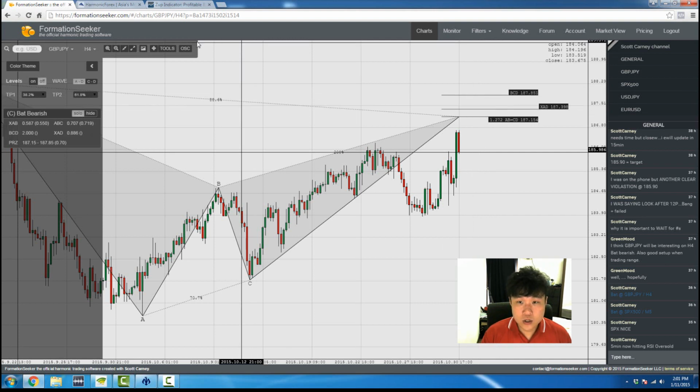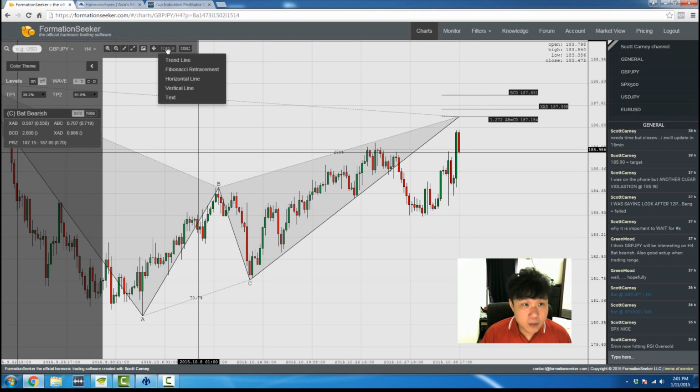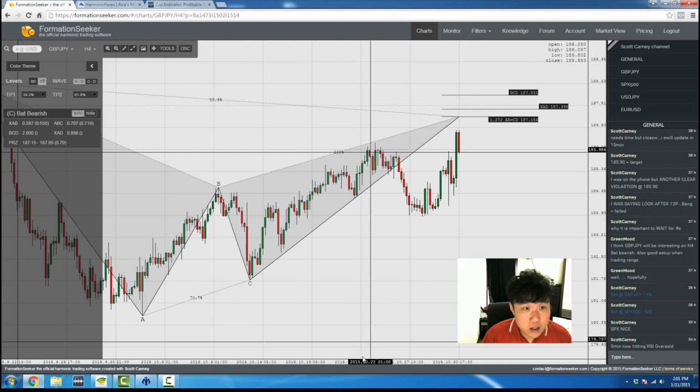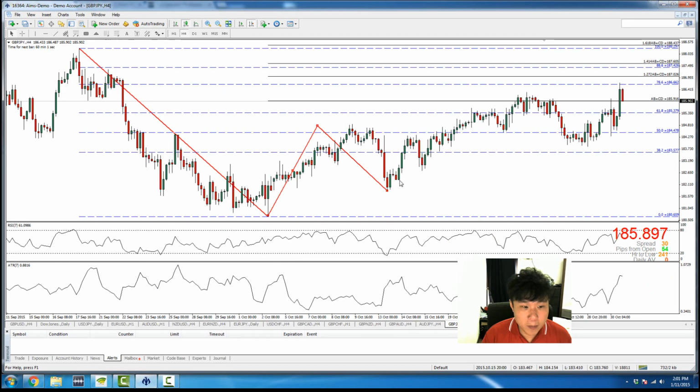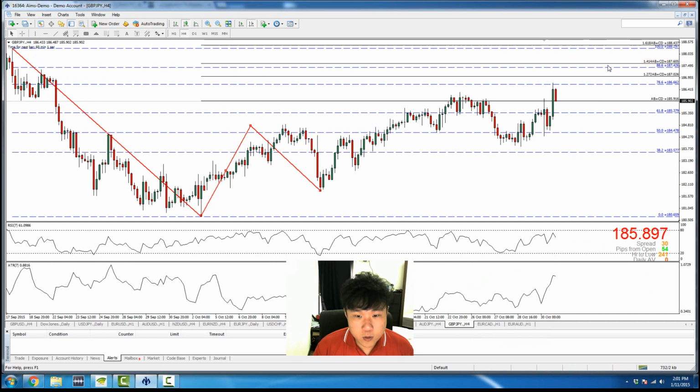So how to get the ATR? Let me see if it allows me to do that. Okay, so no choice. Sometimes I have to revert back to my MetaTrader 4. I go back to my sterling yen, and this will be the zone that I'll be looking to enter my trade.